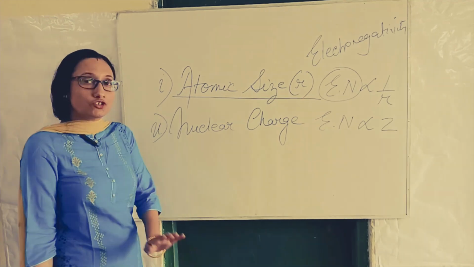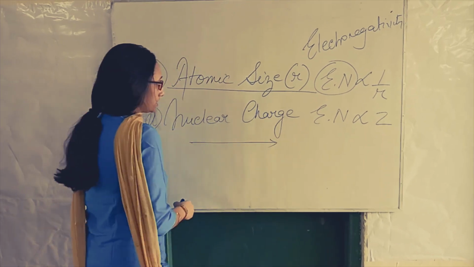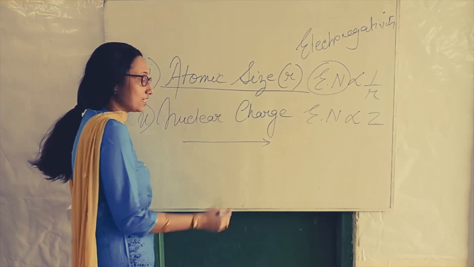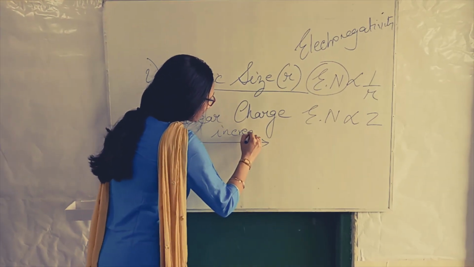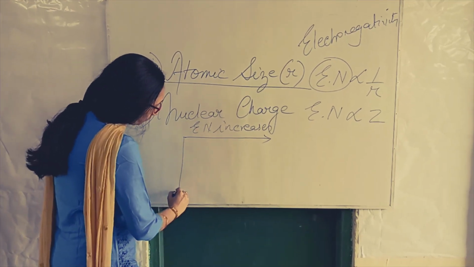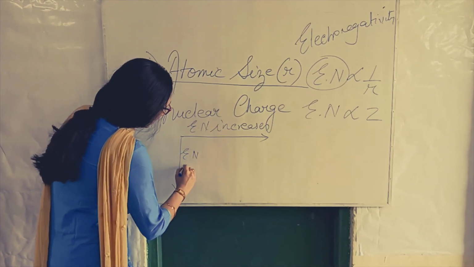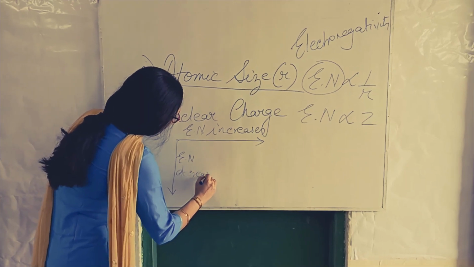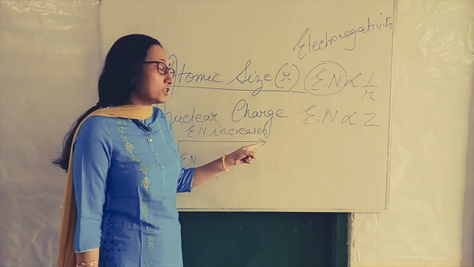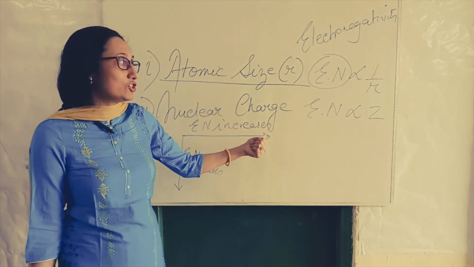Now let us see the trends in electronegativity. Across a period from left to right, electronegativity increases. And down the group from top to bottom, electronegativity decreases. Now when we are traveling from left to right across a period, atomic radius decreases, hence electronegativity increases.